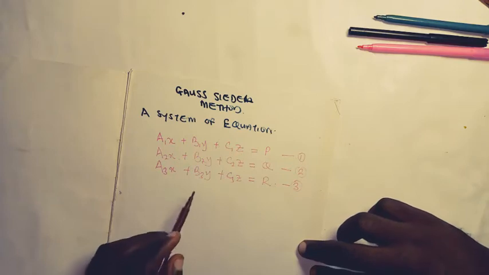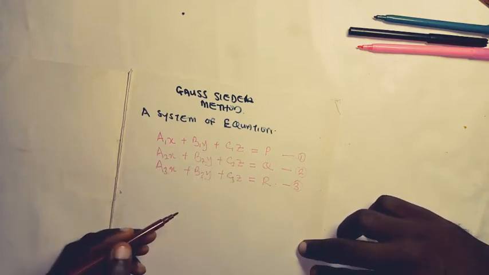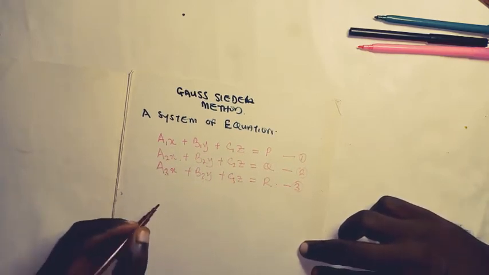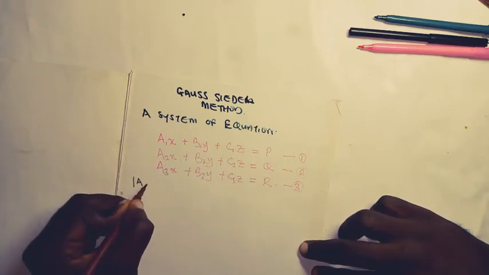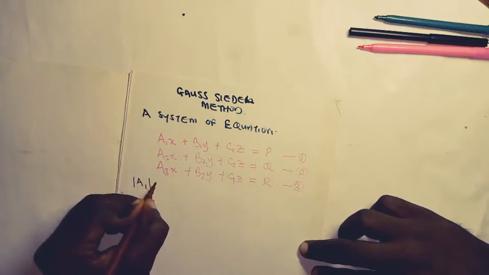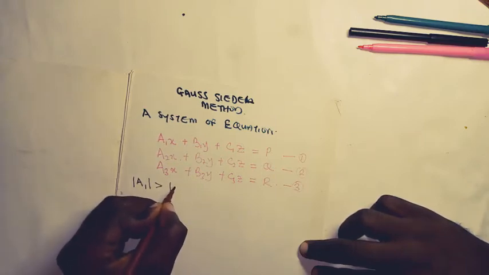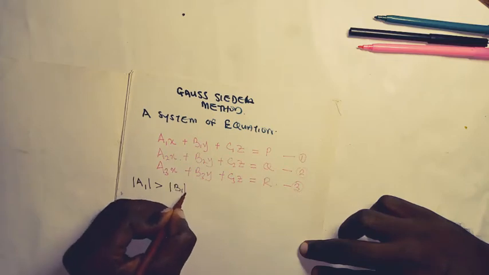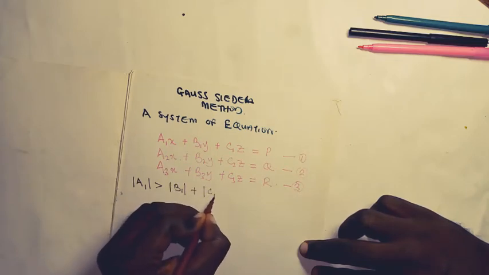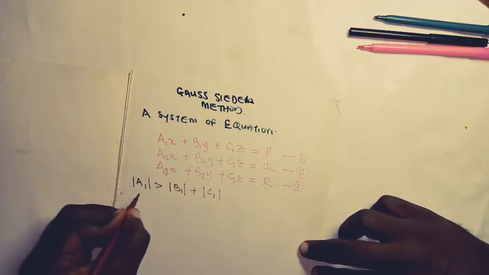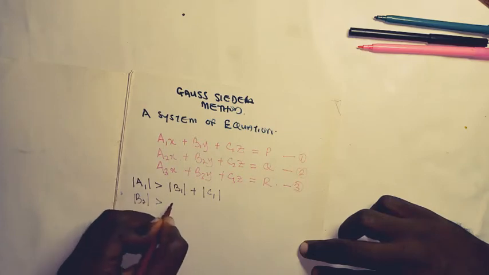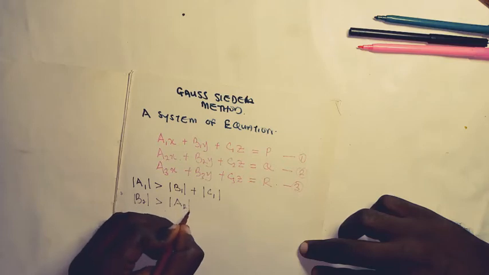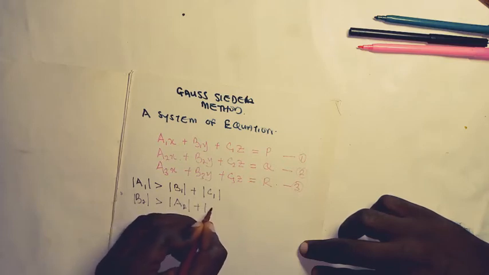But the first thing we need to check is the diagonal row dominance form. We want to make sure that the absolute value of a1 is greater than the absolute value of b1 plus the absolute value of c1. And then we also want to check that the absolute value of b2 is greater than the absolute value of a2 plus the absolute value of c2.